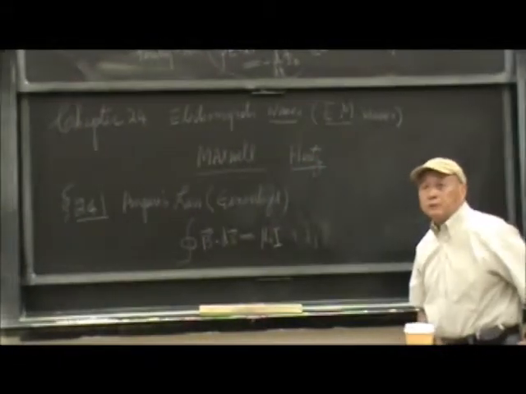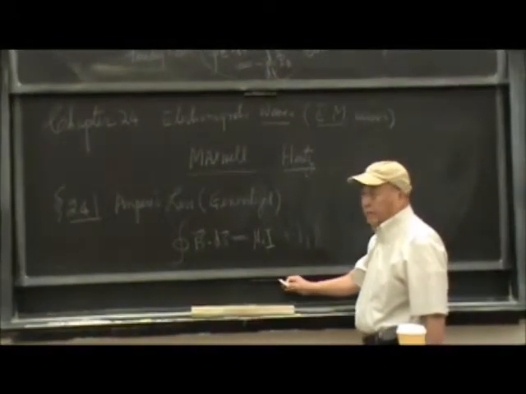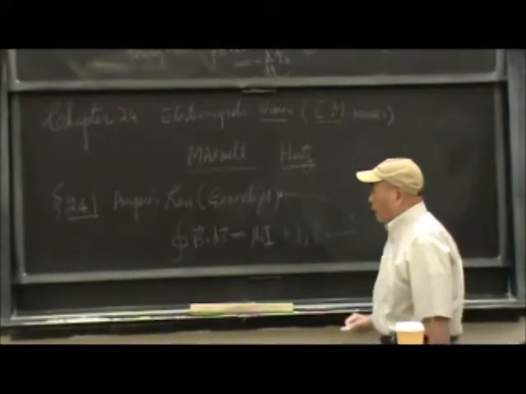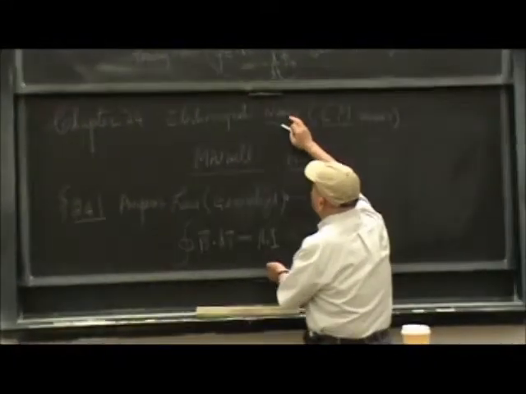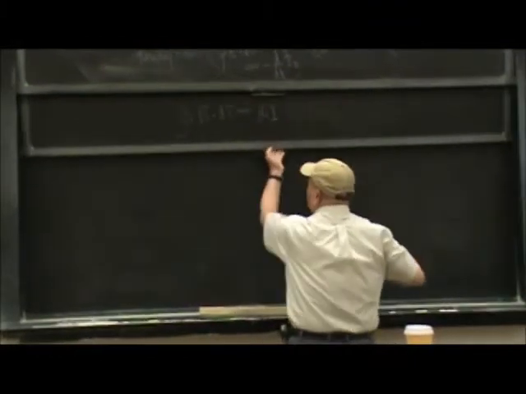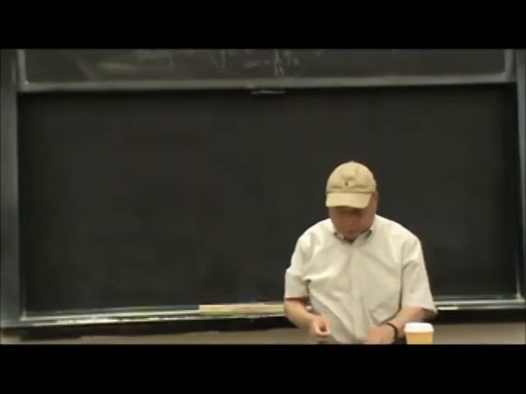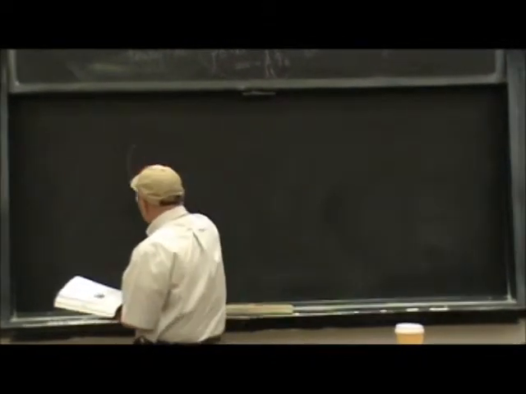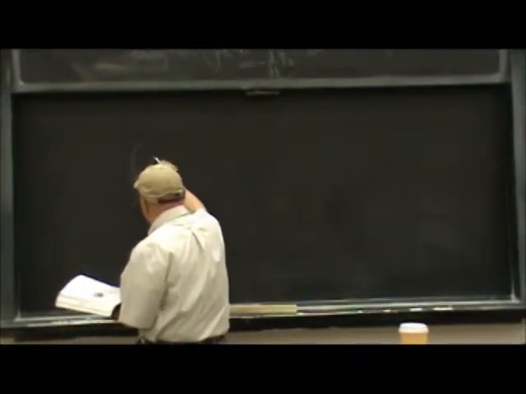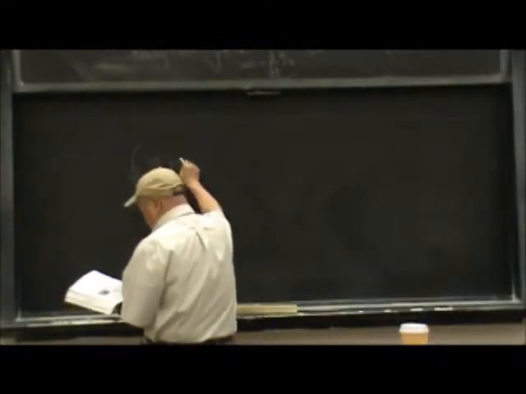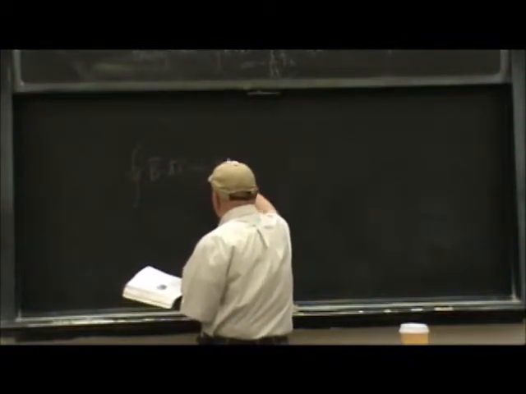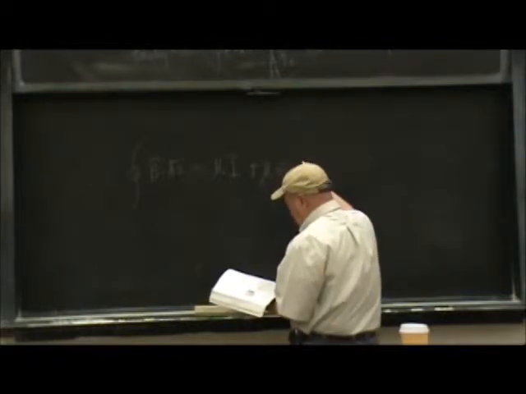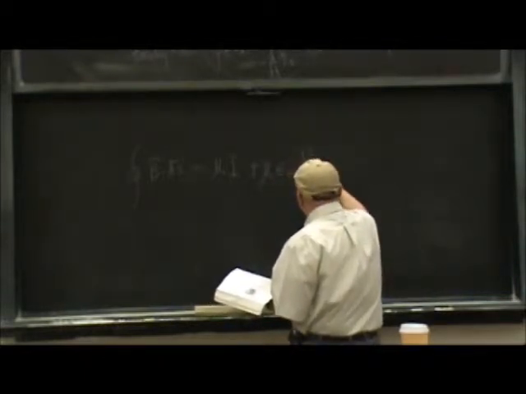Writing the generalized Ampere's law properly, we get the integral of B dot ds equal to mu sub 0 I plus mu sub 0 epsilon sub 0 d phi sub E dt.